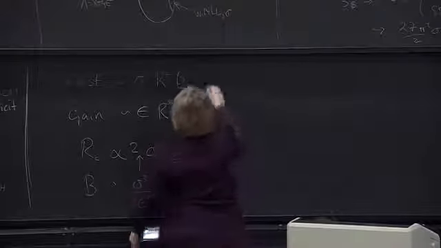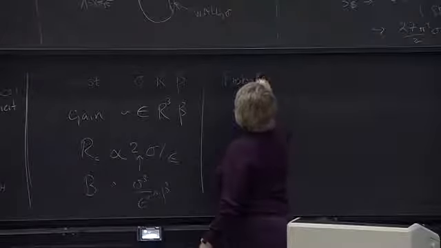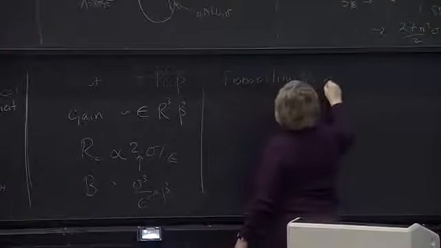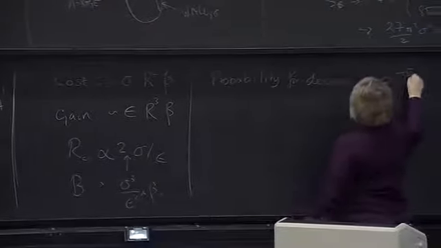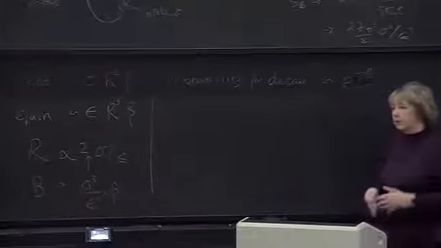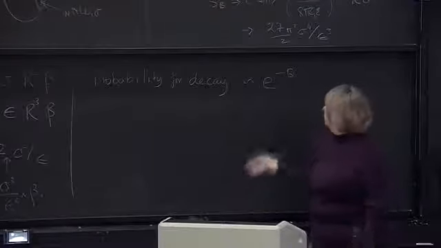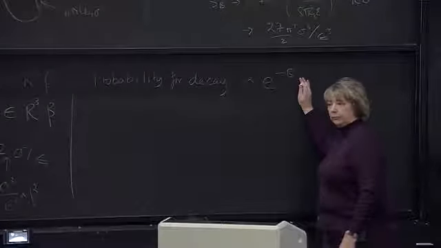And because the probability for decay goes like an exponent, if you halve the exponent, that's just a factor of 2 in B, it's a huge difference in terms of this probability.